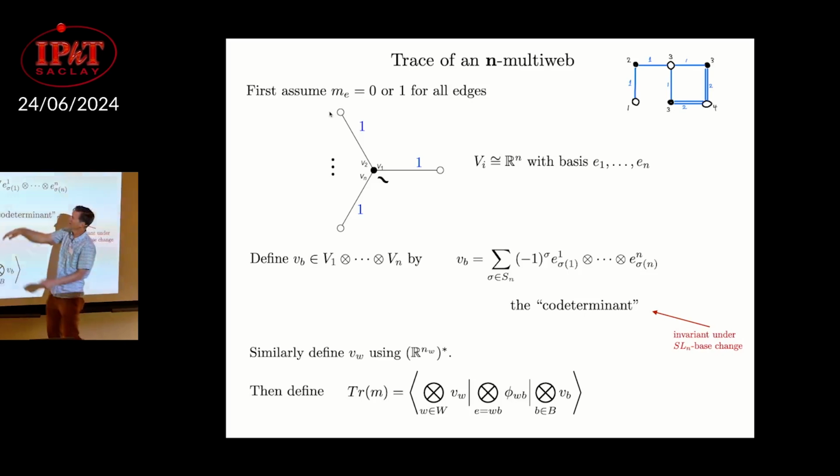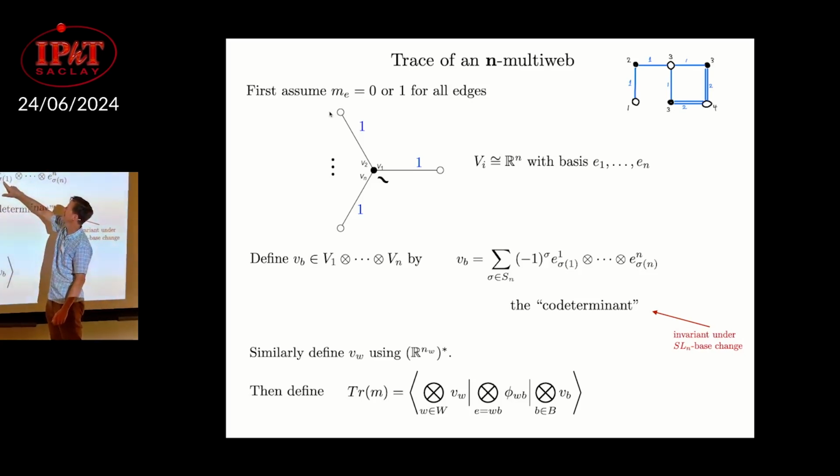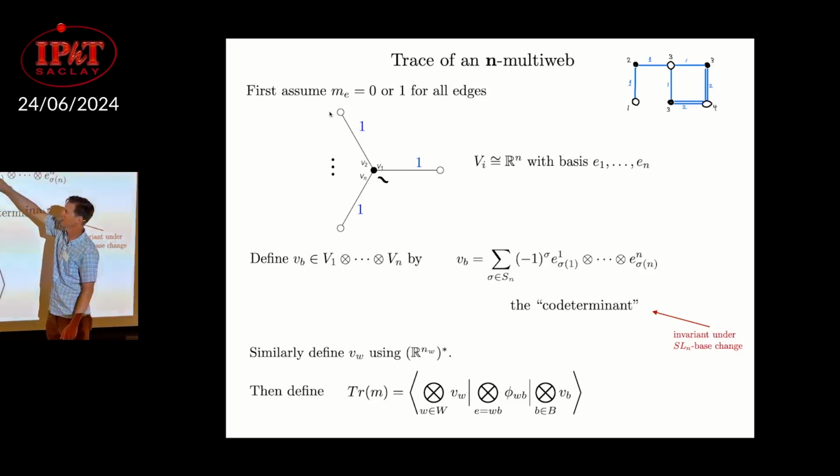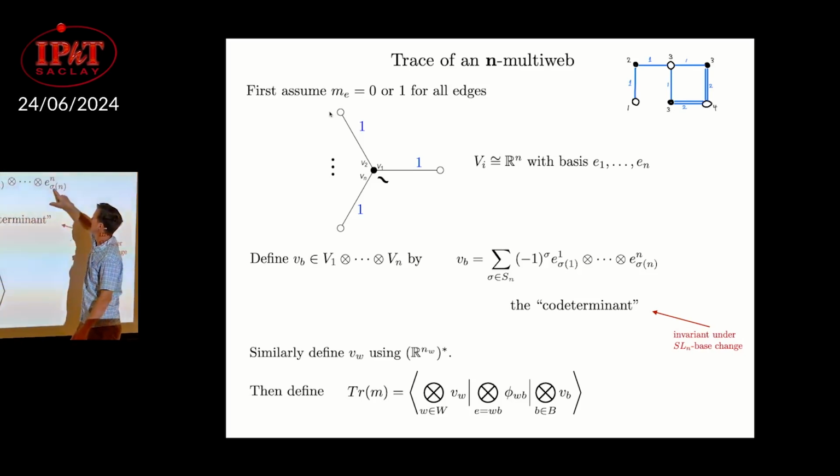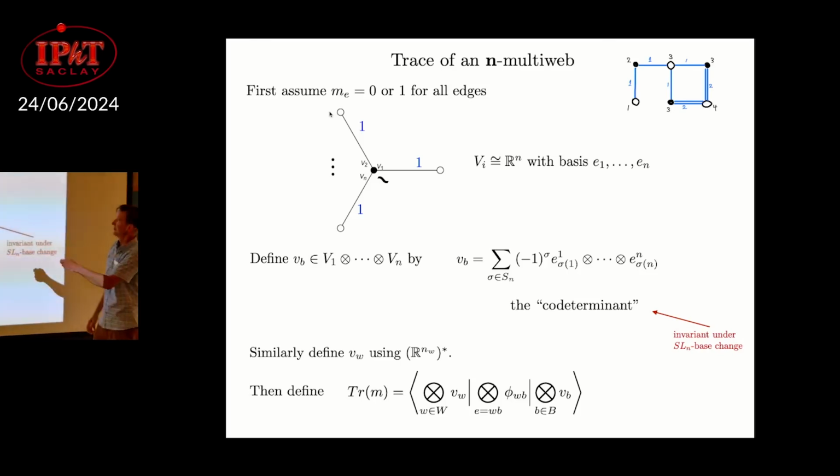It's defined like this: sum over the symmetric group, the signature of sigma, times the sigma-1th basis vector of the first vector space, and so on up to the sigma-nth basis vector of the nth vector space. You take this as a sort of anti-symmetrizer.